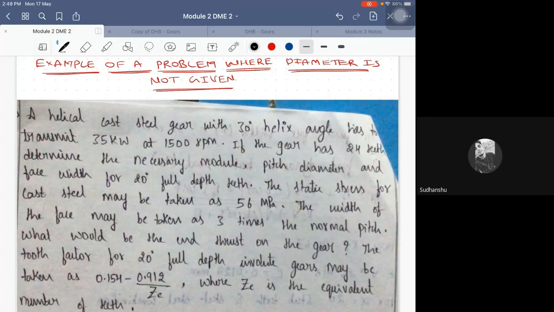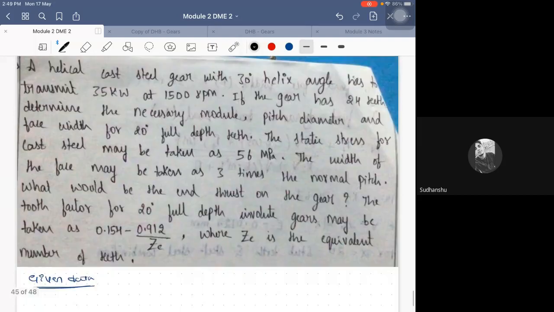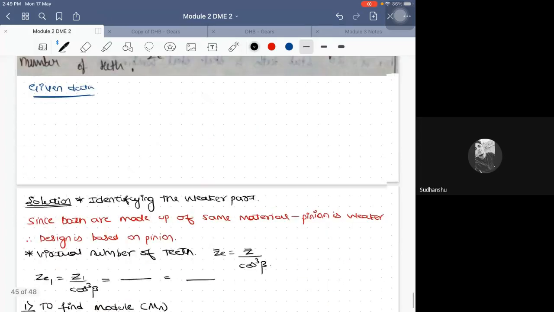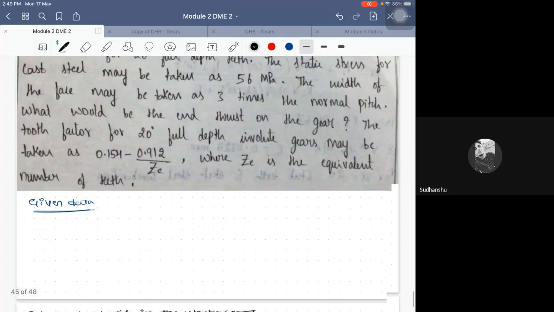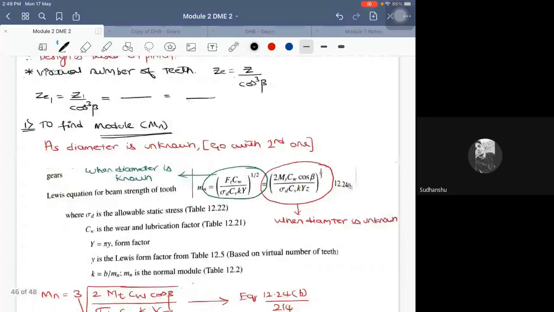If the diameter is not given, there will be many issues while calculating the module. How to do it, we will discuss in the next class. Take a screenshot of this, write the questions and the given data, and identify the weaker part. We will do it in the next class. If you want to try, you can take the screenshot.